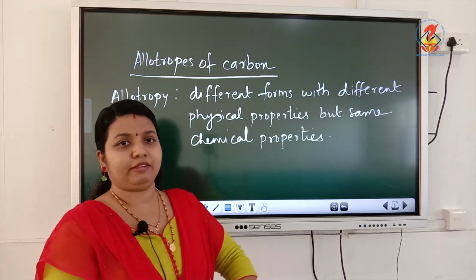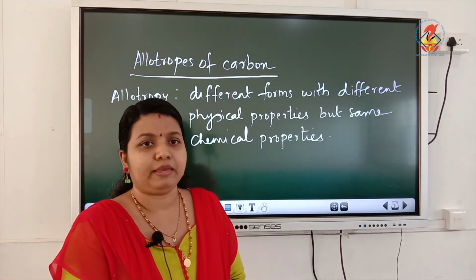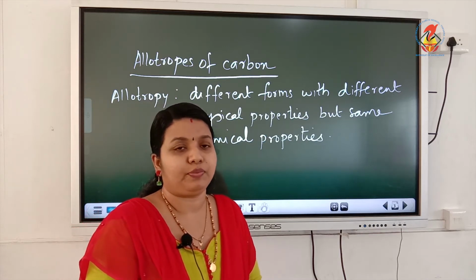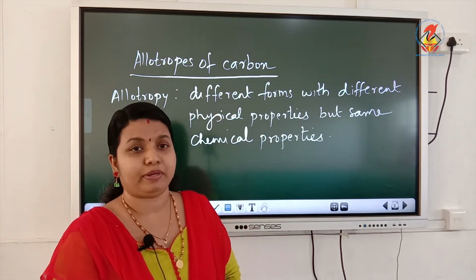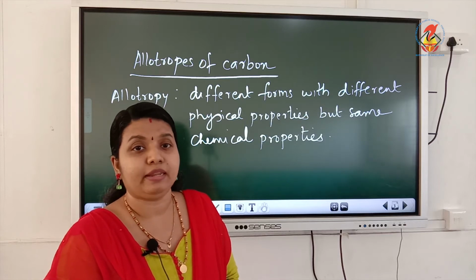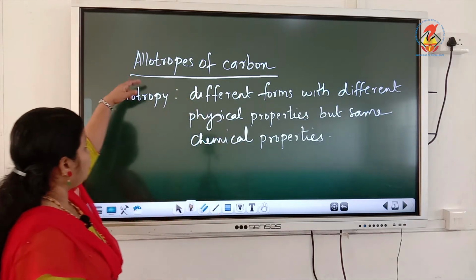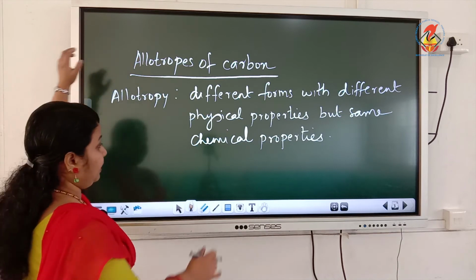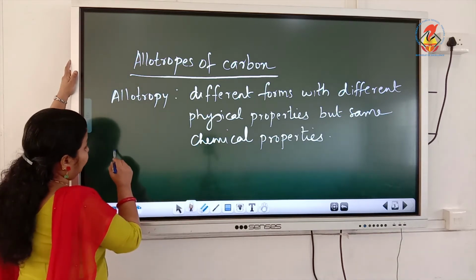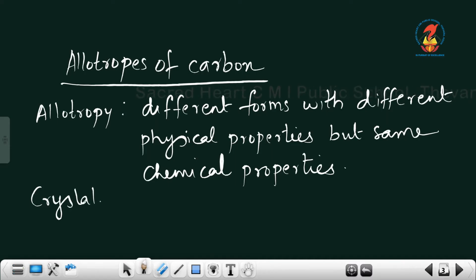Allotropy is nothing but the phenomenon by which same element exists in different forms with same chemical properties but different physical properties. So, carbon is an element which exhibits allotropy.